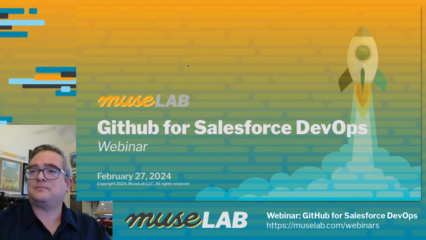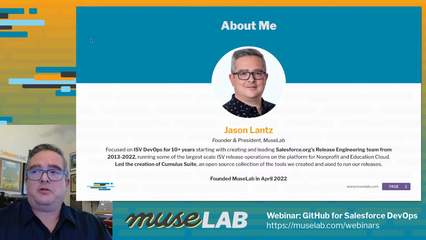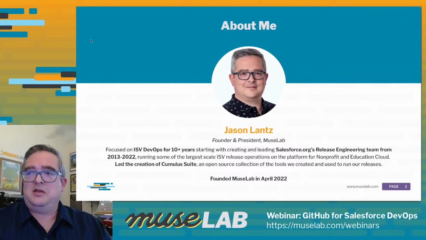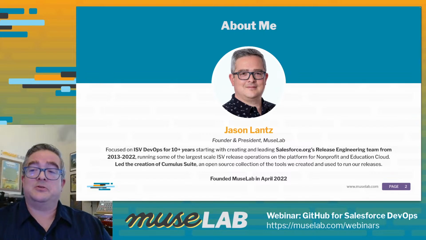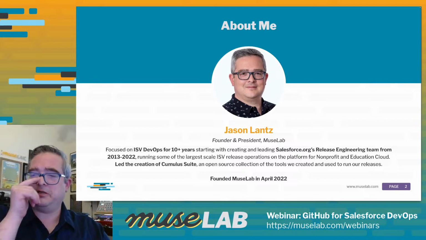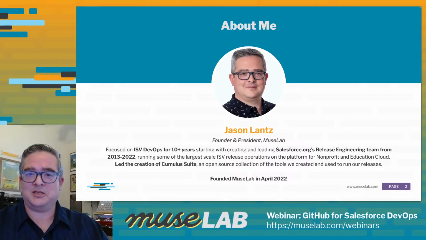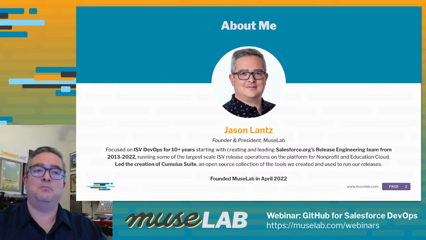All right. So quickly, an introduction to me for those who do not know me. I am Jason Lance. I'm the founder and president of MuseLab, which I created in April of 2022, after about 8.5 years at Salesforce.org, where I built out and ran the release engineering team, running some of the largest scale ISV release operations on the platform and building a whole suite of open source tools, Cumulus CI and Cumulus Suite, to do that.